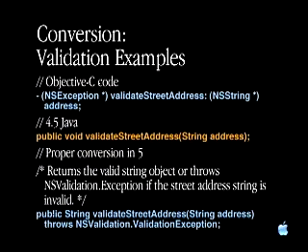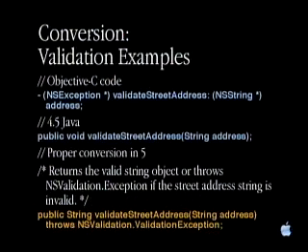Here are some examples of method signatures in Objective-C, 4.5 Java, and 5 Java. The first one is pretty simple. It's a validateStreetAddress. It takes a pointer to a string, and you can see that it returns an NSException. 4.5 Java looks very similar because we're going through Java wrappers to actually use Objective-C classes underlying the Java.